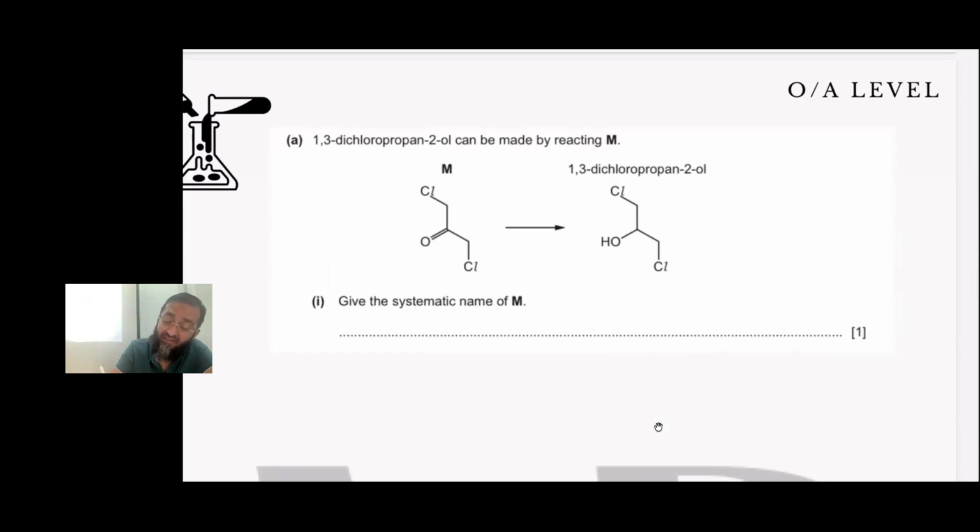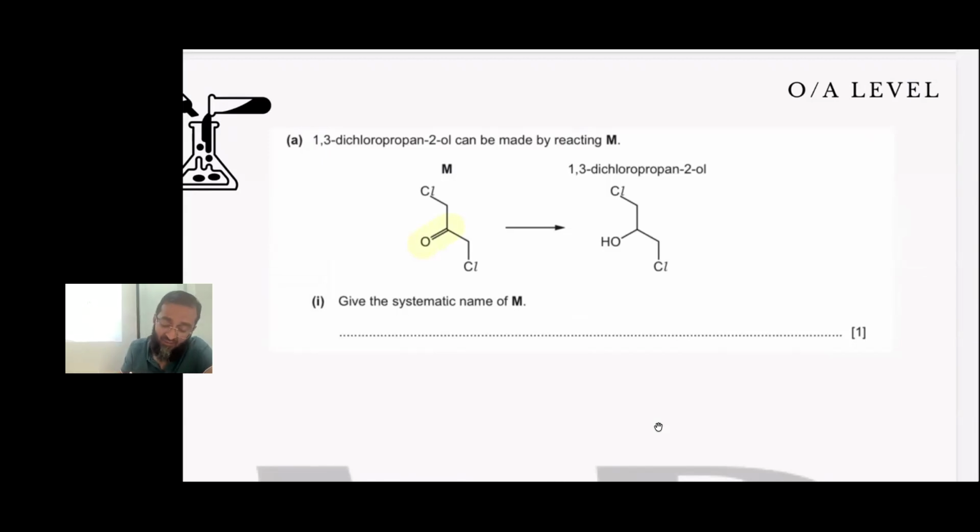Okay, very good. This is a ketone, right? And for a ketone, we use alkanone. The suffix goes -one. So it's really simple. The rest of the name they have given you with the product.